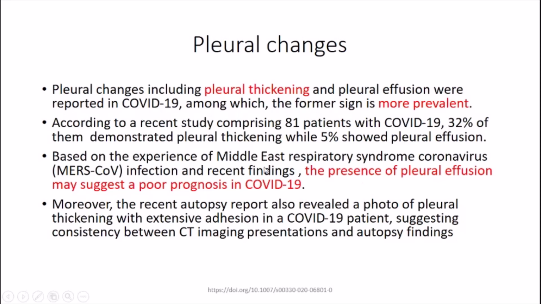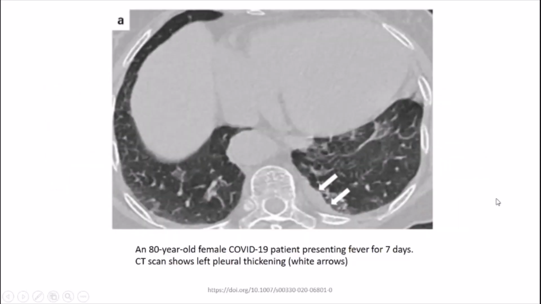And based on previous studies of the last coronavirus epidemic, which was the Middle East Respiratory Syndrome, the presence of pleural effusion may suggest a poor prognosis in COVID-19 cases. Okay. So this is an 80-year-old female COVID-19 patient presenting with fever for 7 days. The CT scan shows the left pleural thickening as shown by the arrows.